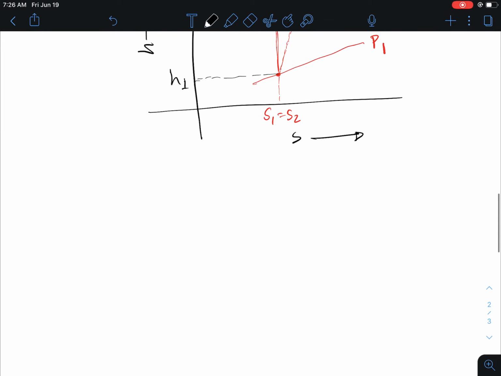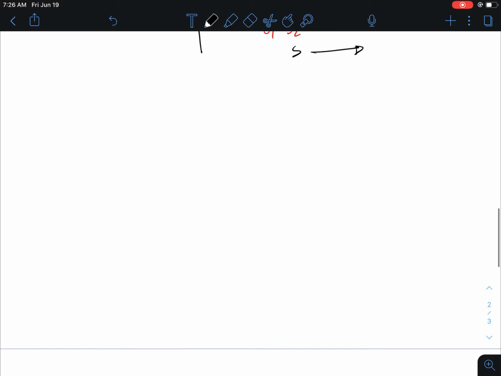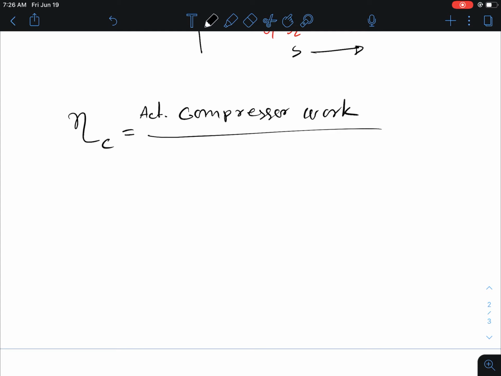We can calculate the isentropic efficiency of the compressor. So isentropic efficiency of the compressor, eta C, equals actual compressor work divided by isentropic.